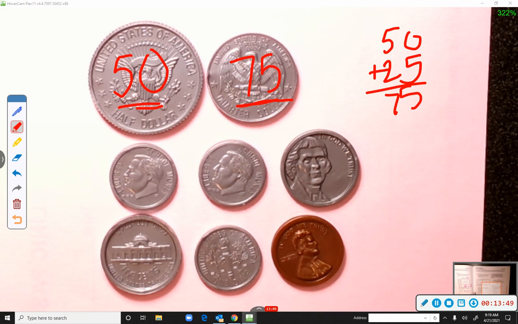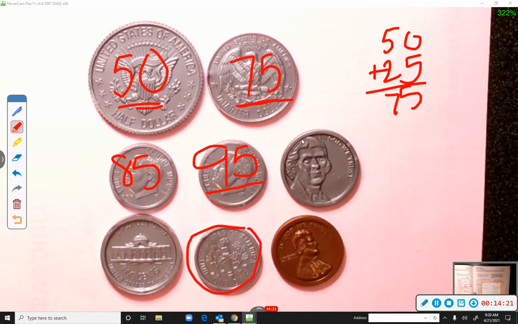So 75, and I would go now to the dimes. So is this a dime? Yes. Okay, so 85. What comes next? 95. Now I want to go ahead and just make this 100. So instead of skipping by another 10, because this is a 10, right, I'm just going to go ahead and add a 5 because I know once I get to 100, it equals what? $1.